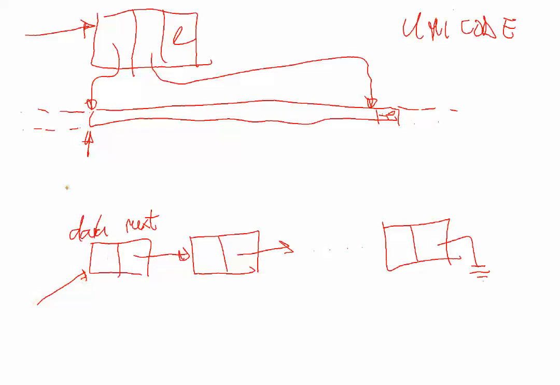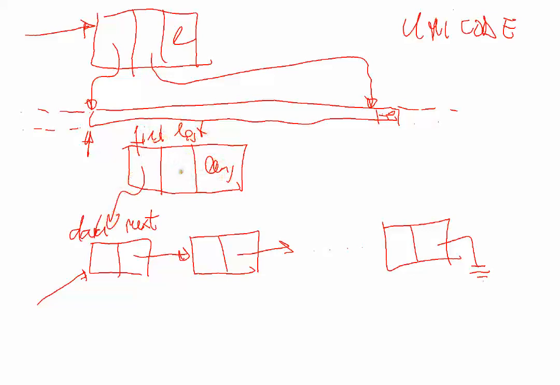So you want to put a wrapper. The wrapper will give you a pointer to the first element, a pointer to the last element, and maybe a length. Right, so this goes here, this goes here, and this is what you call the list.